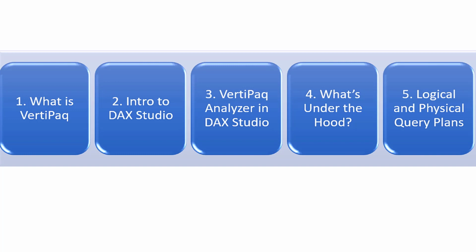Then we'll take a little bit of a deeper dive into DAX Studio in Module 3, where we look at certain data model metrics and how to use those to figure out what could be a potential bottleneck and how to fix those.